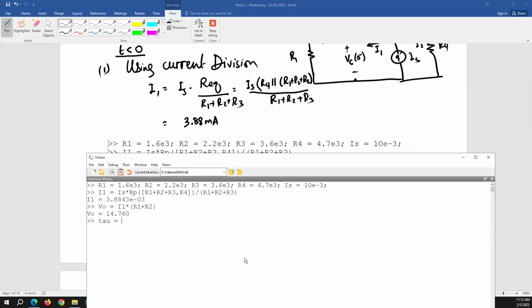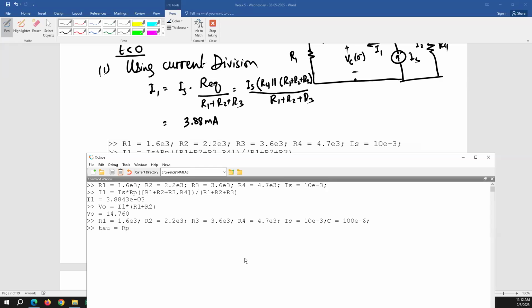Tau will be equal to Rp of R1 plus R2 and R3 plus R4, times C. Did I put C? Oh, I did not put C in my equation. Let's go ahead and do that. C is 100 micro, 10 to the power negative 6. Oh, I have to write this again then. I should have just run it and had an error so that I don't have to rewrite it.